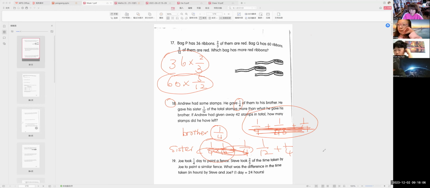Okay. So total is 1/4 plus 1/12 plus 1/4, right? So give all the way 42. So we can say x times this one equals 42. Correct, everybody?